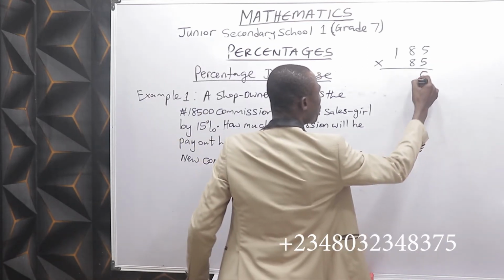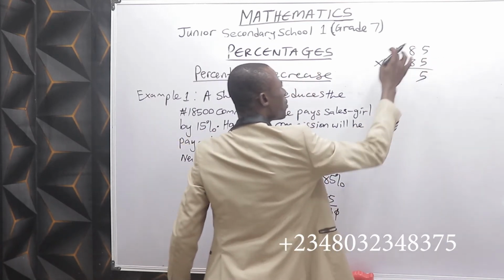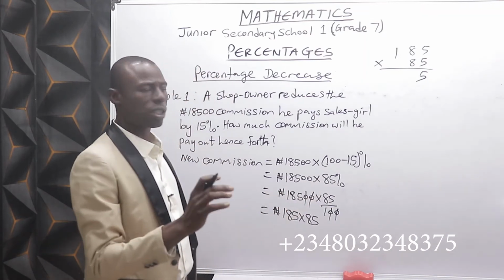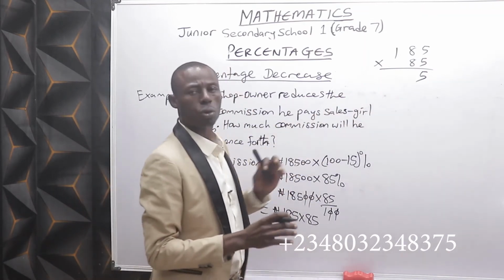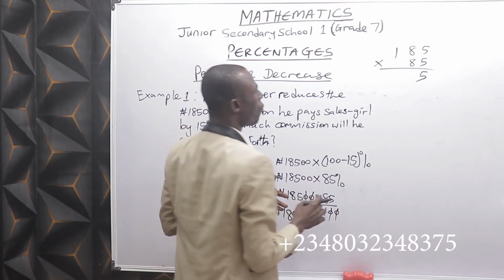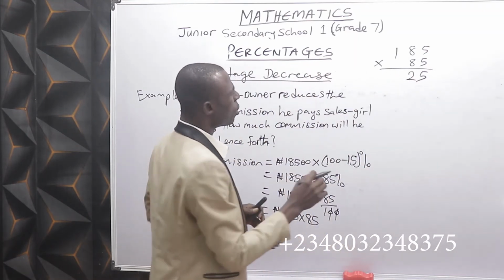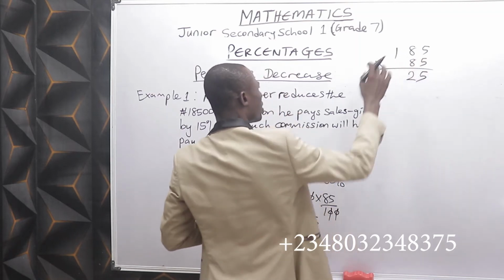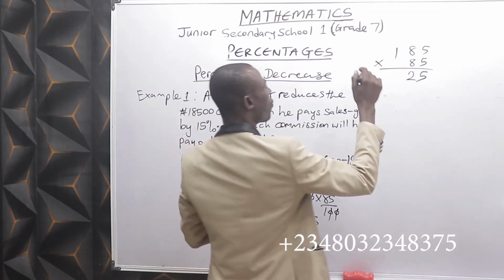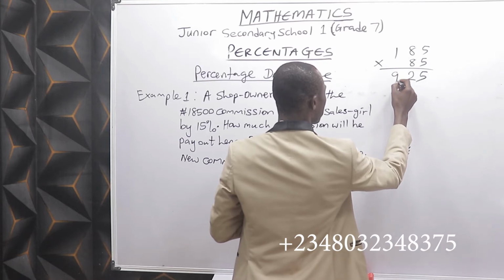We write 5. 5 times 8, that is 40. Plus the 2 we keep there, that is 42. We write 2, we are keeping 4. 5 times 1, that is 5. Plus the 4 we keep, that's 9.